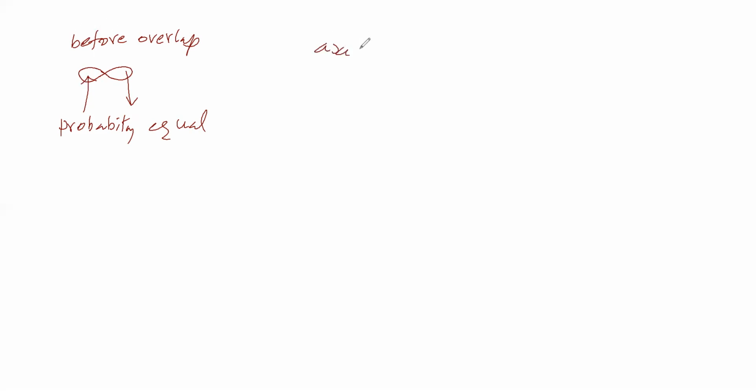Now we will consider axial overlap, in which overlapping takes place along the internuclear axis. This is one p orbital, and this is another p orbital. Two p orbitals undergo overlapping. Now how will the probability be at this end and at this end?